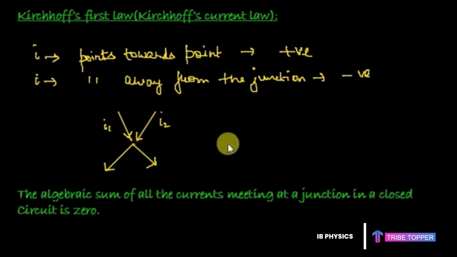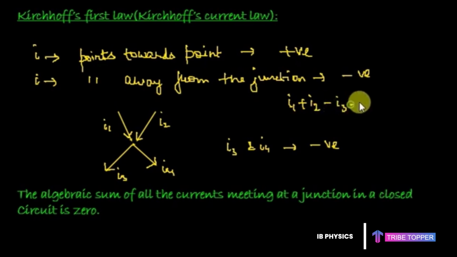Therefore I3 and I4 would be negative. So it gives us the condition that I1 plus I2 plus I3 and plus I4 actually means minus I3 and minus I4 because they are negative, and that is going to be 0. That is what Kirchhoff's first law or Kirchhoff's current law is all about.